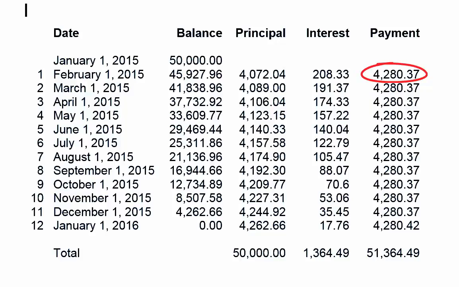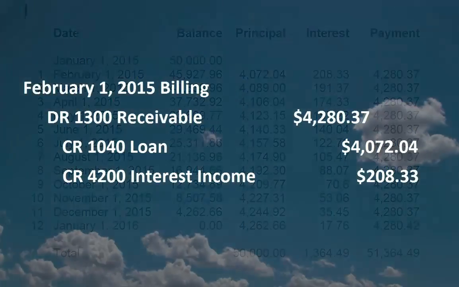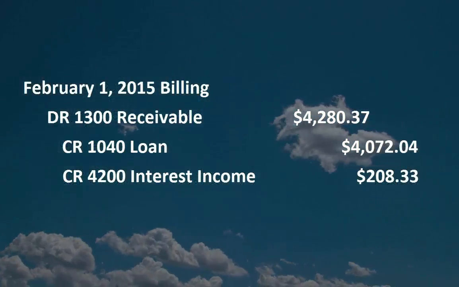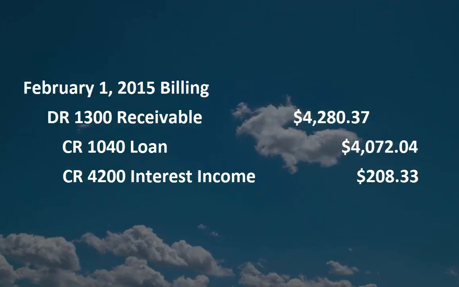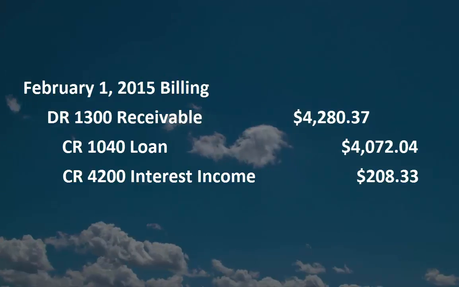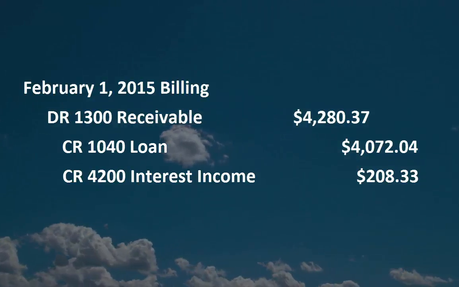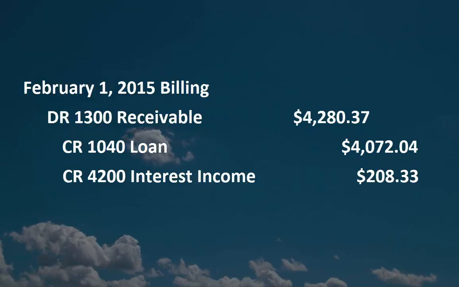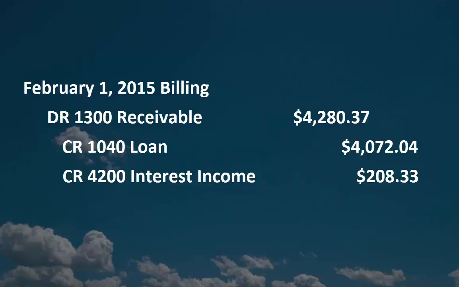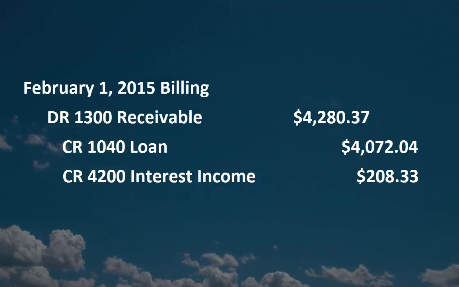Thus the entry will be February 1st, 2015, billing, debit 1300, receivable from borrowers, $4,280.37, credit 1040 loan, $4,072.04, credit 4200, interest income, $208.33.